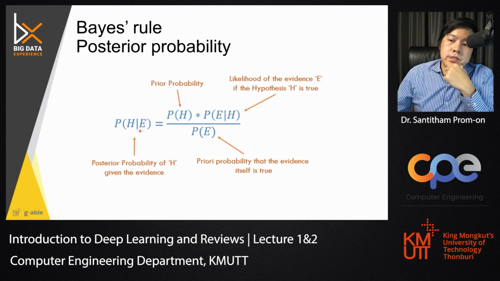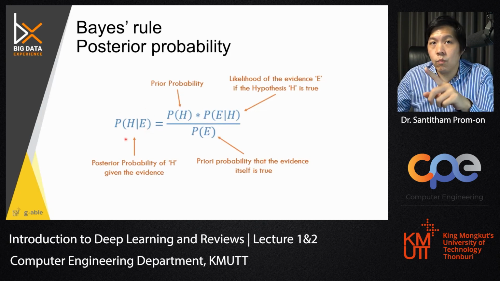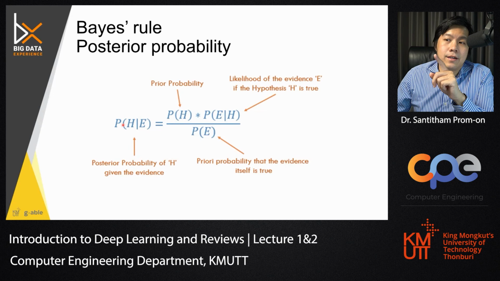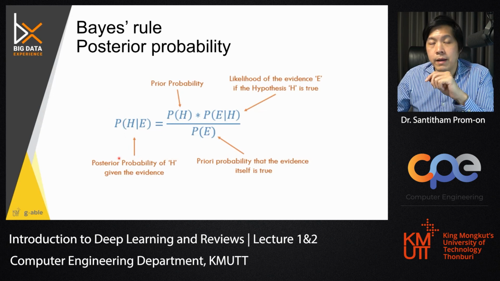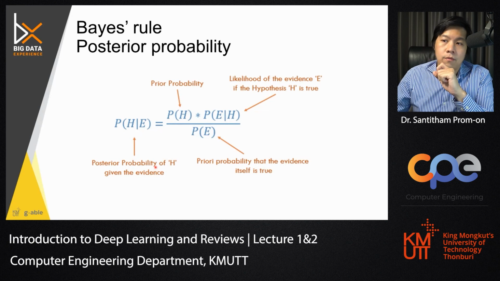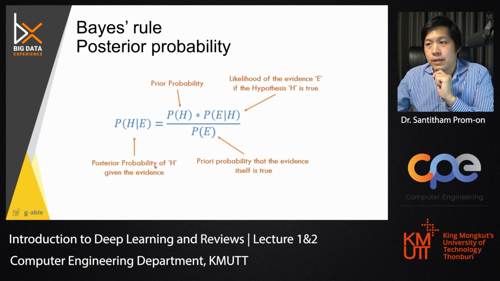But suppose that you see that person, E is an evidence. You see that person not wearing a mask, then the probability of H given E might increase to 1 in 1,000. Right? 1 in 1,000 that person might get COVID.